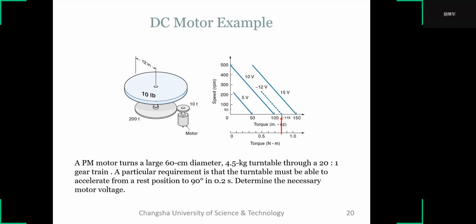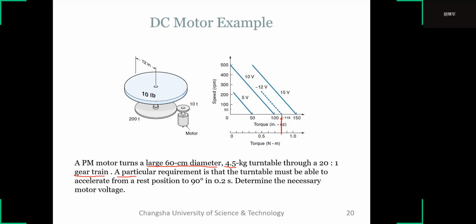DC motor example. A permanent magnet motor turns a large 60 centimeter diameter, 4.5 kilogram turntable through a 20 to 1 gear train.